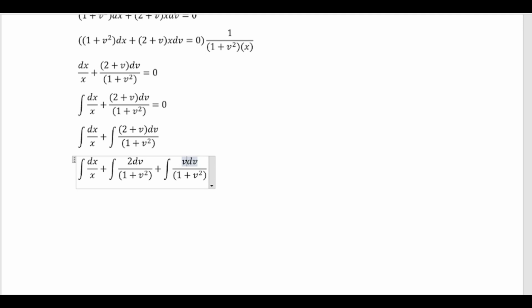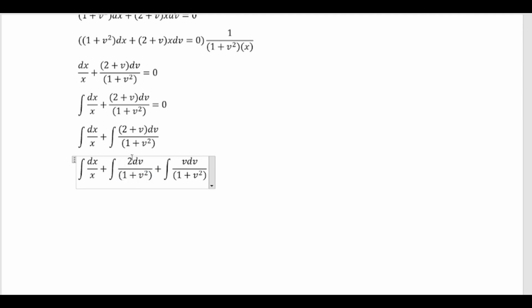All right, now we can integrate each term. This one, this is very simple. Once again, this is just 1 over x, so you can just get it as ln x. This one also, you can get it by u substitution. But this one is actually a trig substitution.